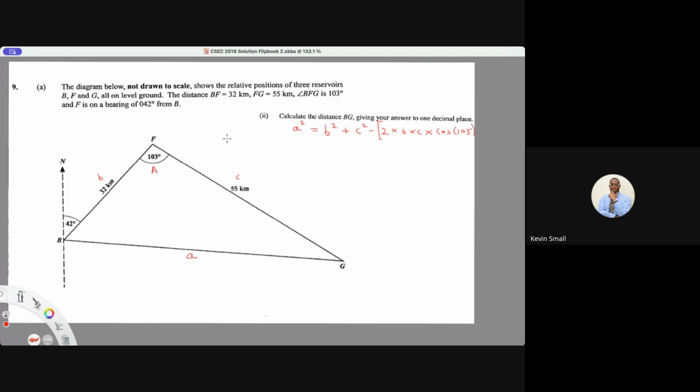All right. So again, a squared is going to be equal to 32 squared plus 55 squared minus 2 times 32 times 55 times cosine of 103.